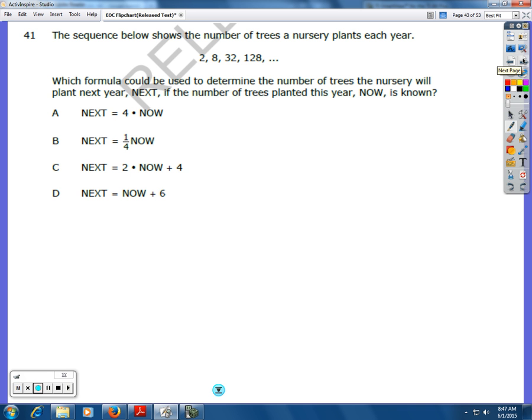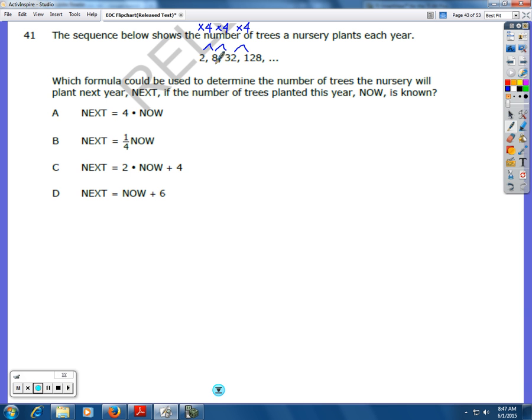Okay, the sequence below shows the number of trees and nursery plants each year. Which formula could be used to determine the number of trees the nursery will plant next, if the number of trees planted this year now is known? So when we look at the numbers up here, we try to see what's the pattern. And if you notice, every single time from one number to the next, you're multiplying by 4.